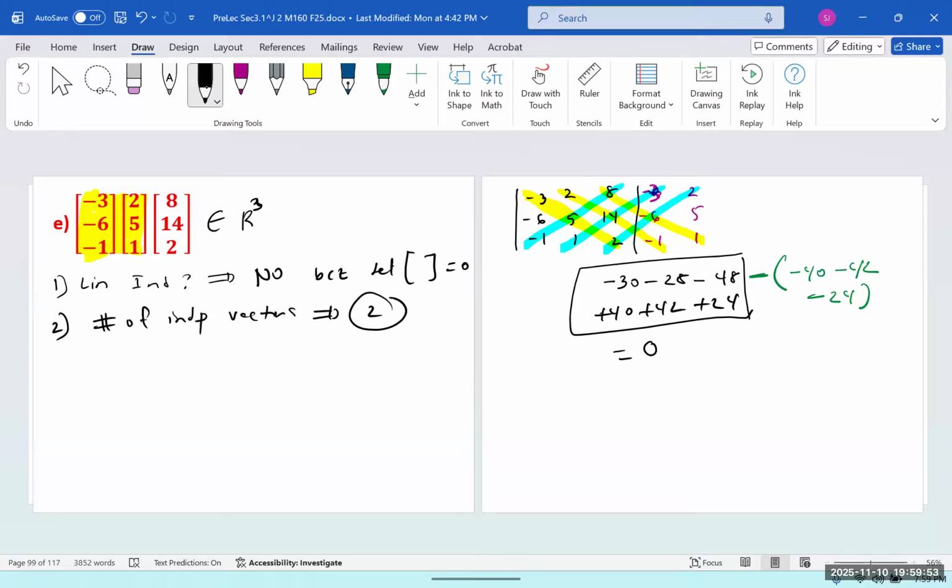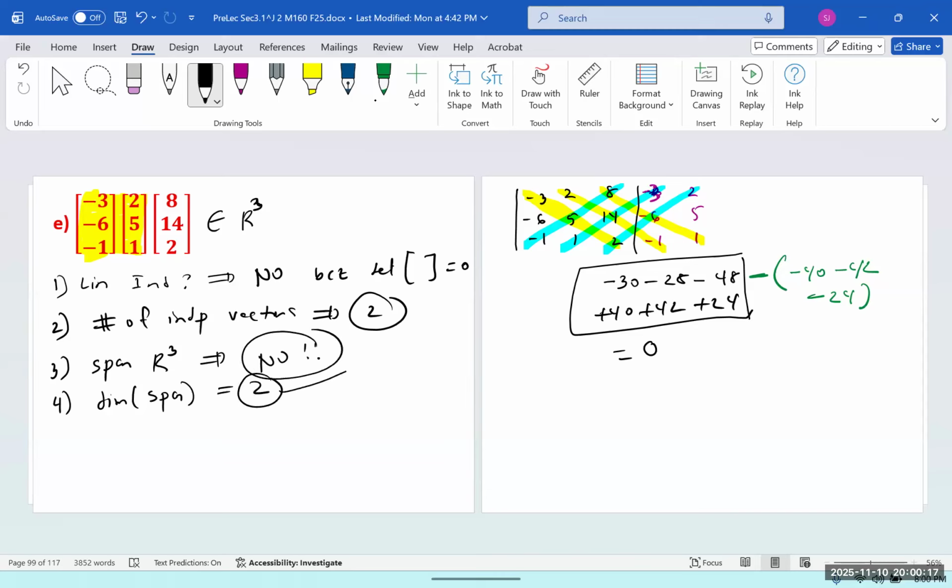They are not linearly independent, but we figured out that at least two of them are independent. The next question asks, do they span the entire R3? No. Number 4 asks, what is the dimension of the span? 2, because that's the number of independent vectors.